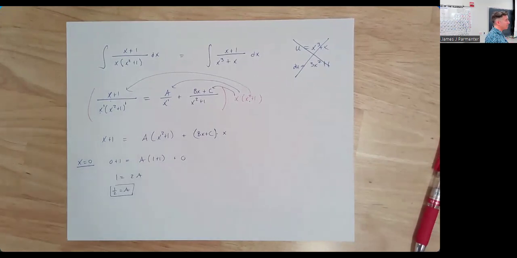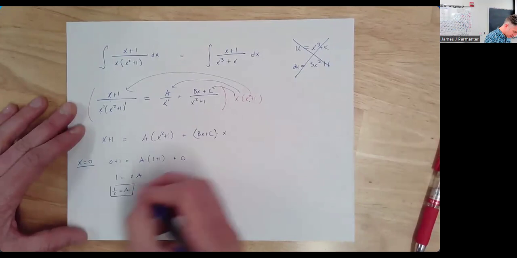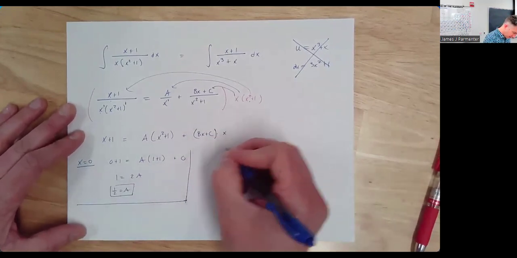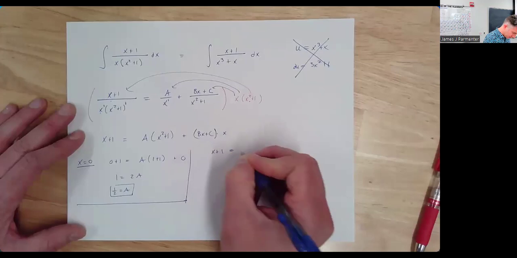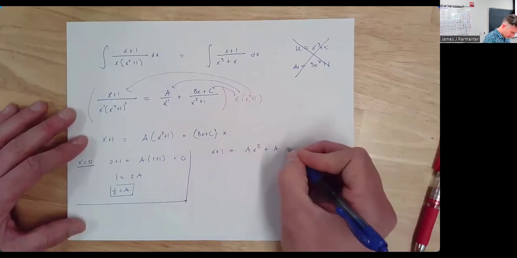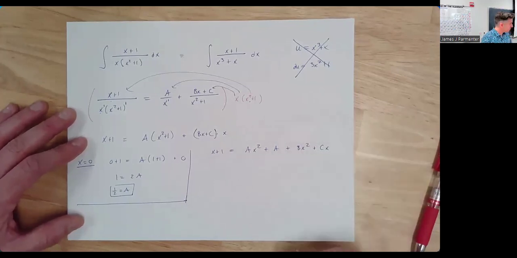So now I am going to go to equating coefficients. If I start multiplying out the right-hand side, I have x plus 1 equal to a times x squared plus a times 1 plus b times x squared plus c times x.